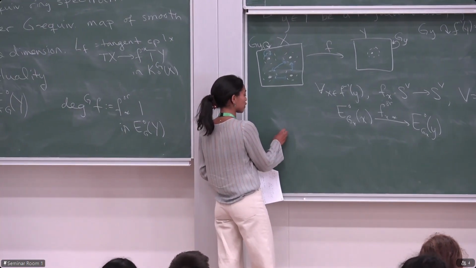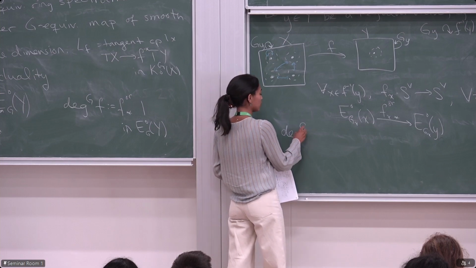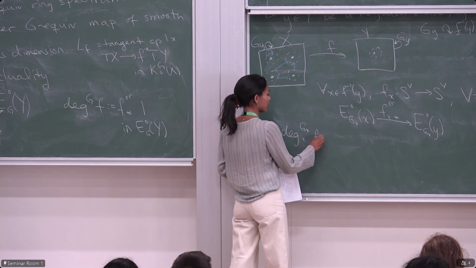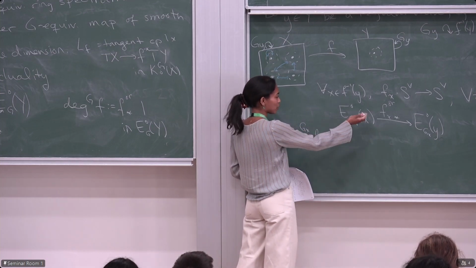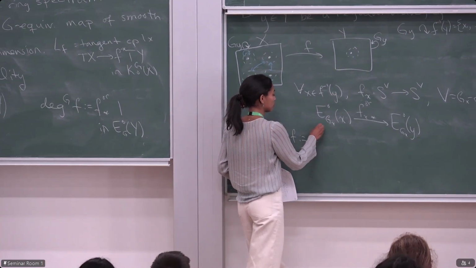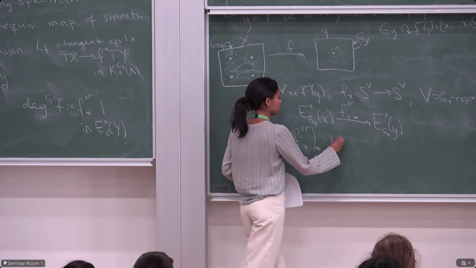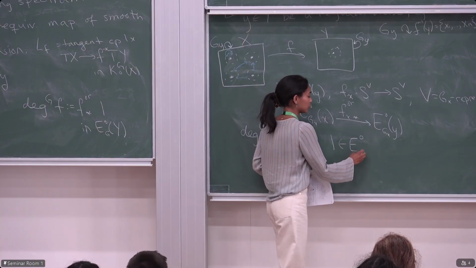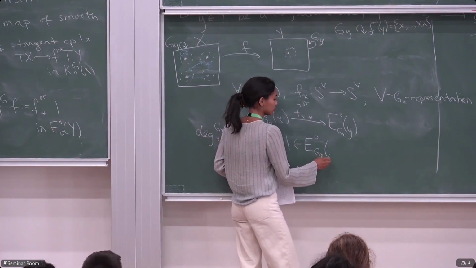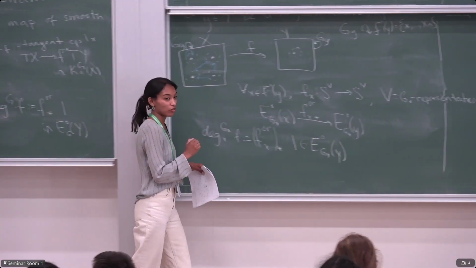We can define the local degree of f at x to be the degree of this map in the cohomology of y.